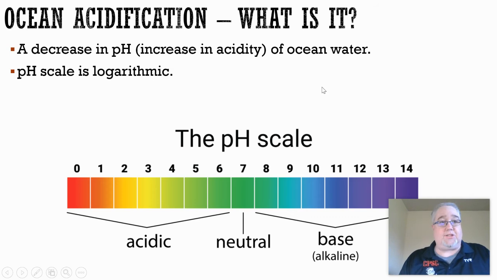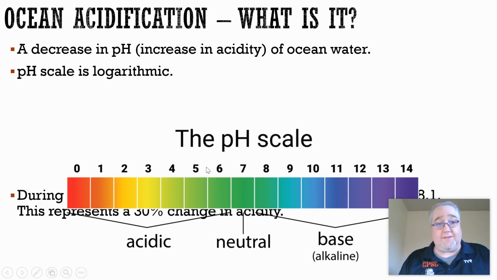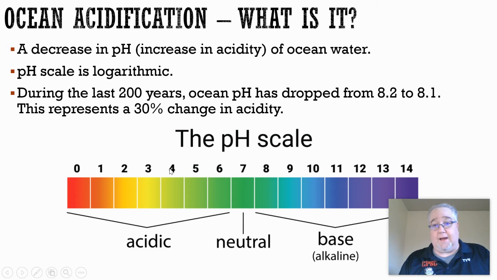Now, do remember that the pH scale is logarithmic. So, a change in one value of pH, let's say from 7 to 6, that represents a power of 10 as far as the change goes. So this would be 10 to the first, 10 to the second, 10 to the third, etc. So there is a logarithmic change to the actual scale.